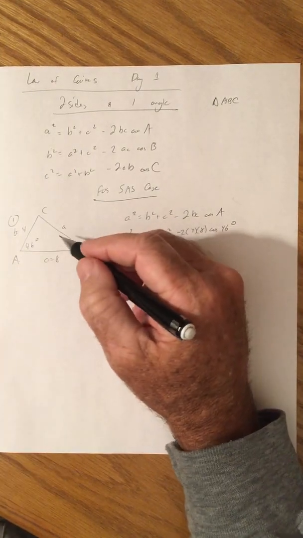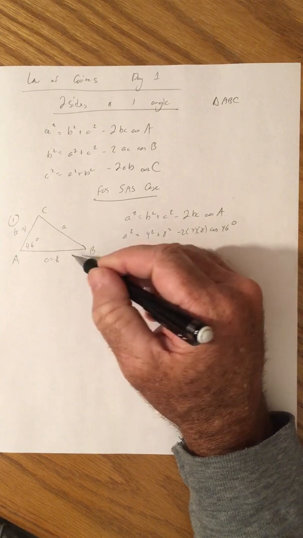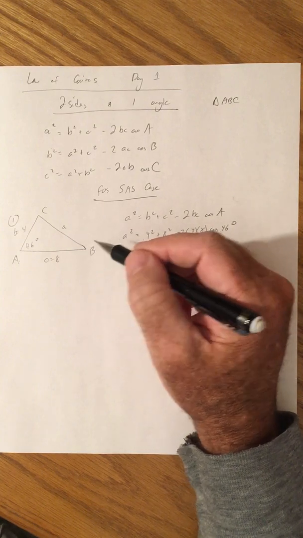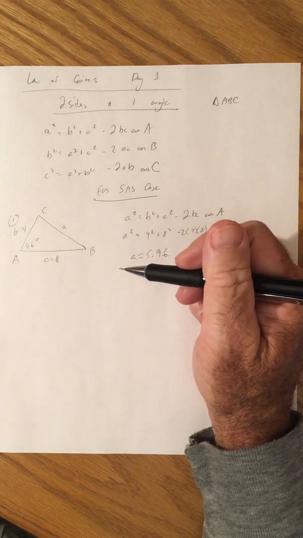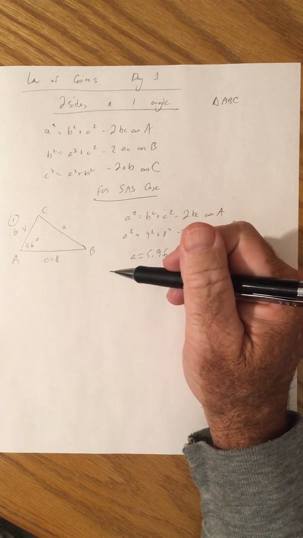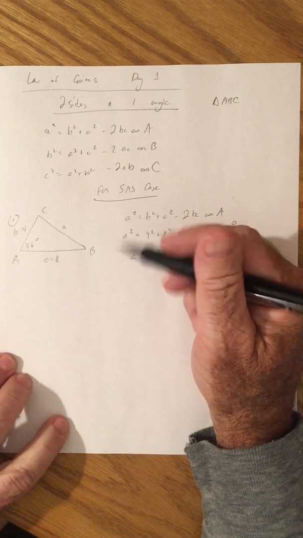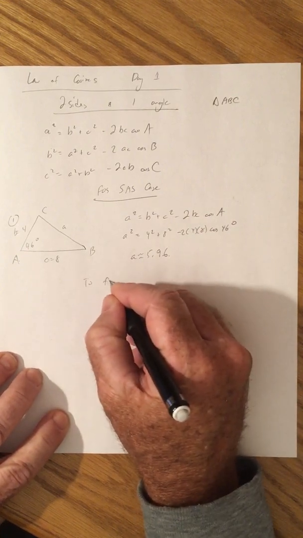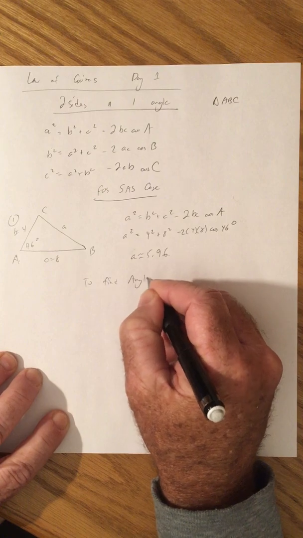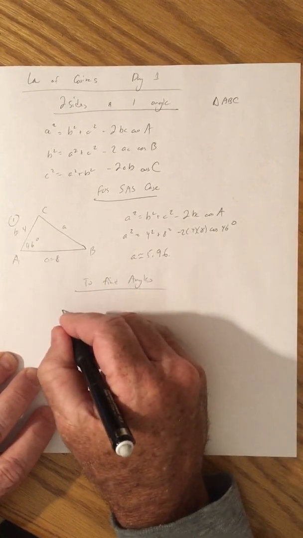Okay, so we know all three sides now. Now we can find the angles. Now, we could use the law of sines, but the law of sines is a little bit risky to use here. So we can find angles with the law of cosines as well. And you find angles with the law of cosines by these equations.